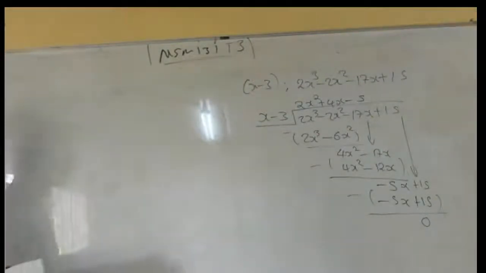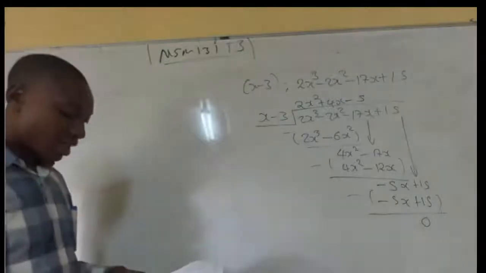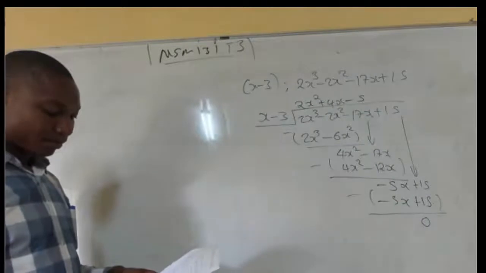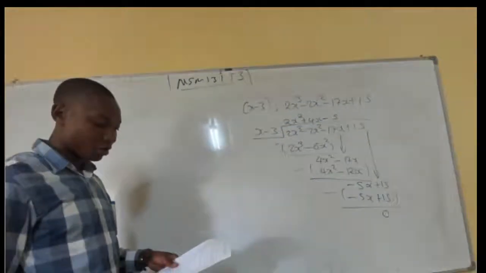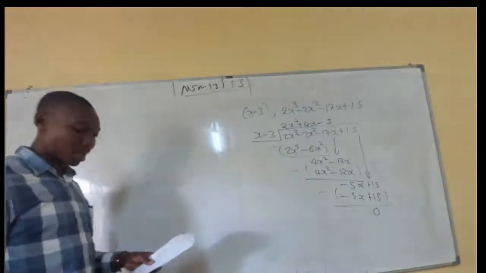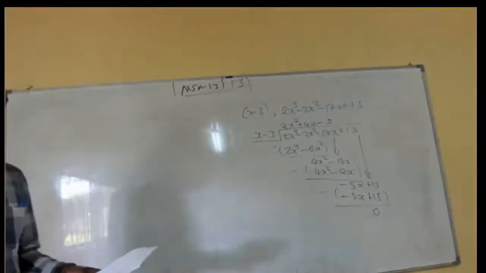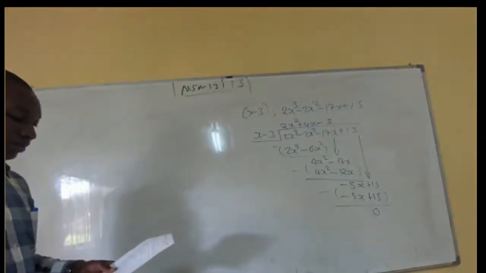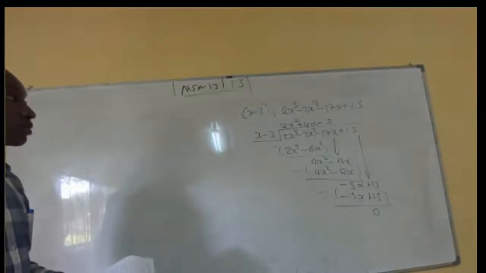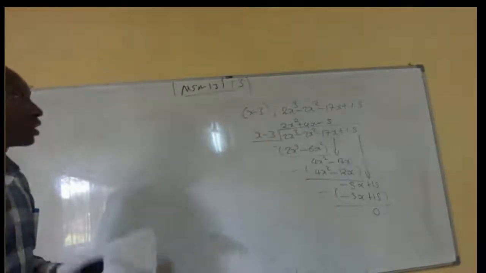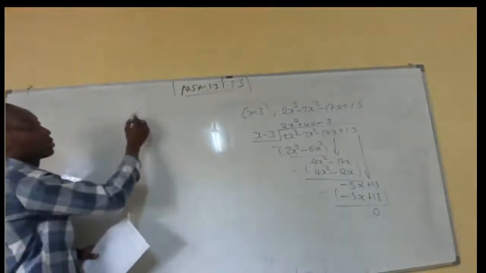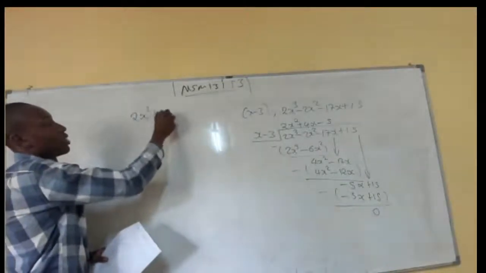Alright, next part of the question, we have been told to express that in the form x minus 3 multiplied by that, where the values of a, b, and c are to be found. Okay, so I'll keep the answer here, 2x squared plus 4x minus 5.